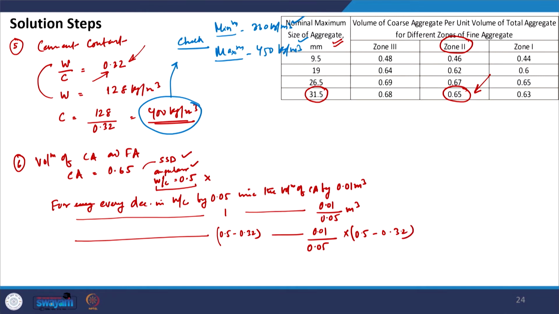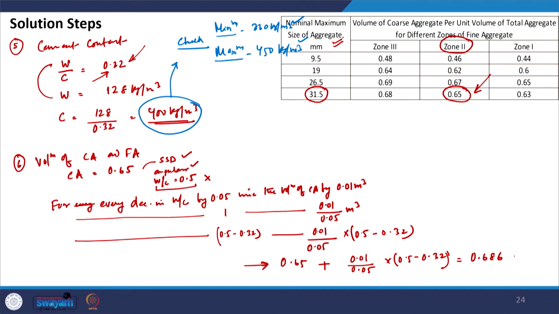So, if you do this calculation, in our case we have to increase the 0.65 by this value, all right, and you get the value as 0.686.